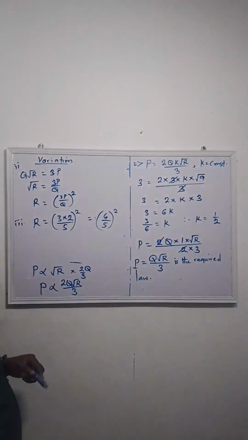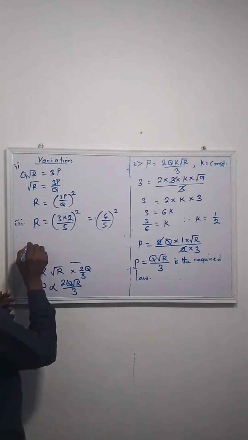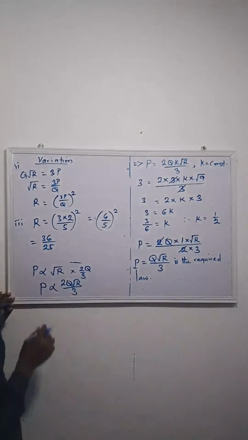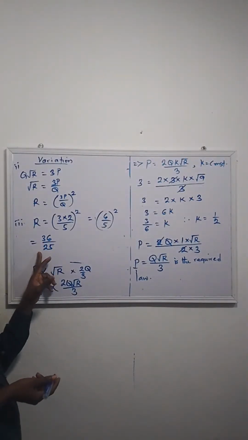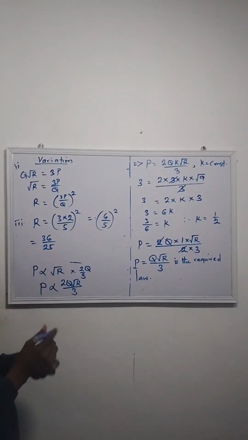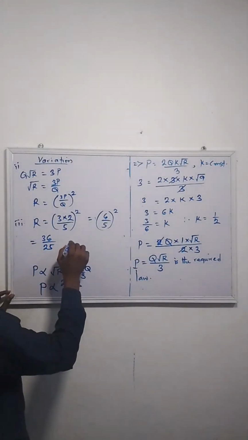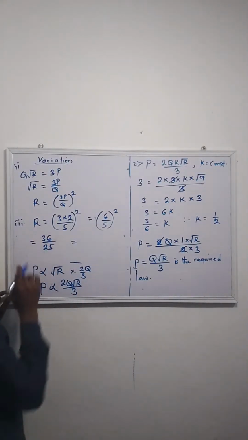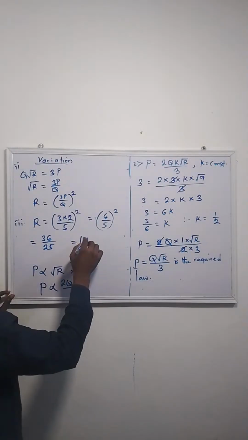When you square 6, you have what? 36 over what? 25. So now, this is an improper fraction, so we change it to a mixed fraction. So what do we have now? 25 goes into 36, that is 1. Remainder what?